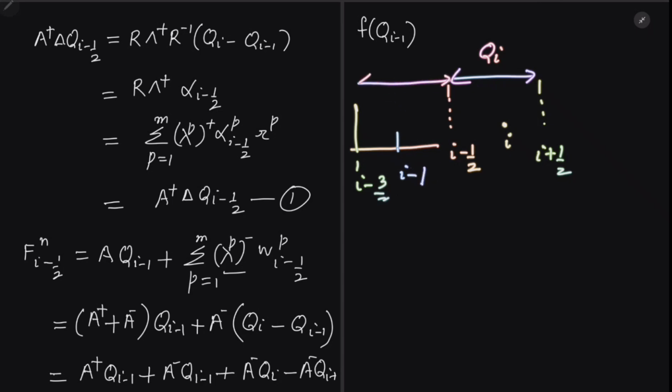The flux at Q_{i-1} is due to the value of F, the negative flux from i minus 1, and the positive flux from the right. So there will be flux contribution at Q_{i-1} due to the fluxes from the left side and due to the fluxes from the right side.